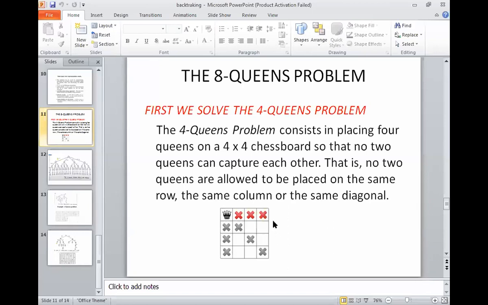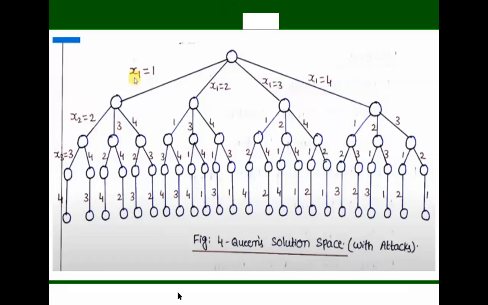So this is our implicit, this is the explicit constraint. Now just to see, this is the state space tree constructed by the 4 queens problem.